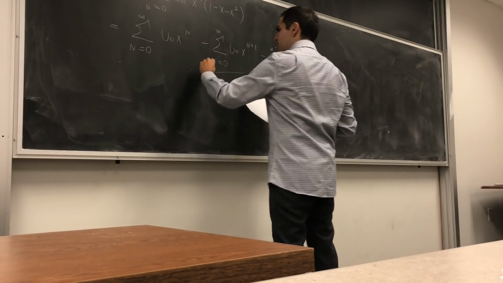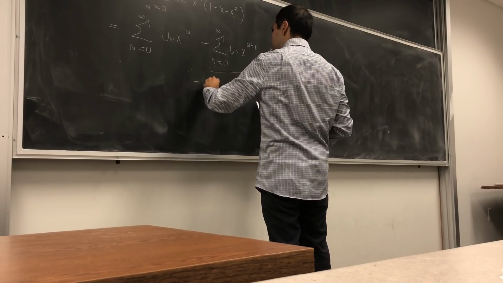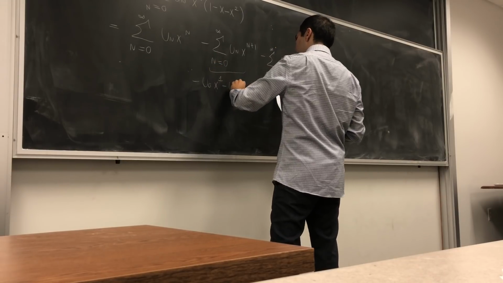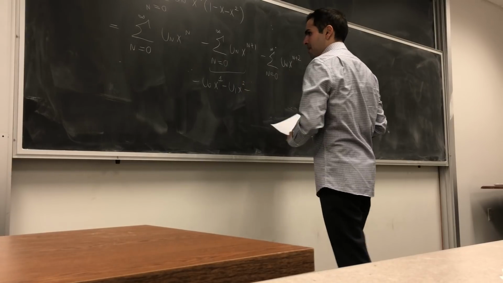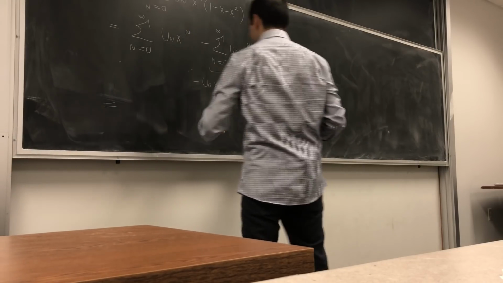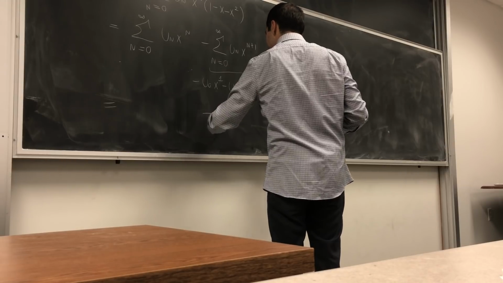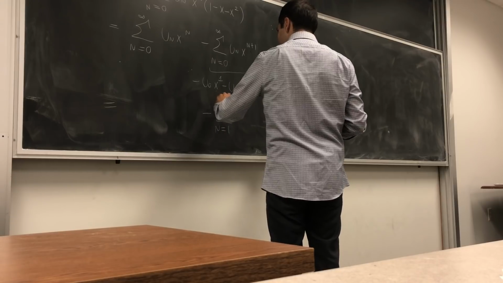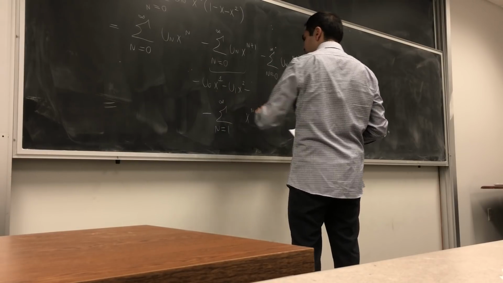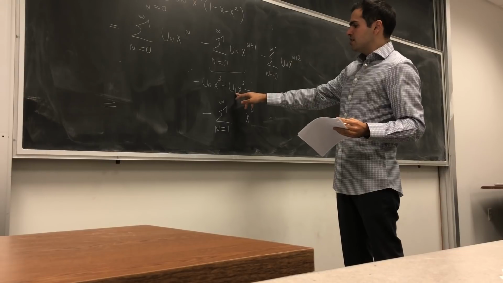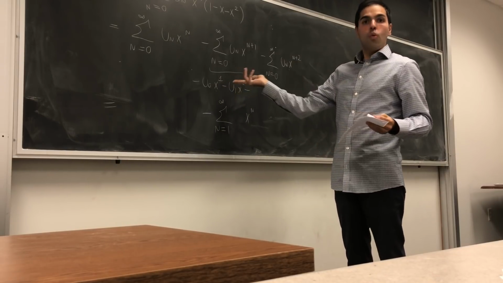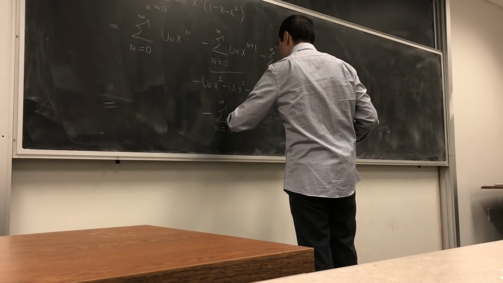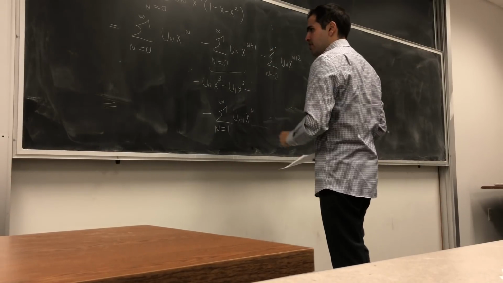But notice, if you write this sum out, it's minus u_0 x^1 minus u_1 x squared minus blah blah blah. So this middle sum, you can write in the following form. Sum from n equals 1 to infinity of x^n, and notice this index here is always 1 less than the power of x. So we get u_{n-1} x^n.